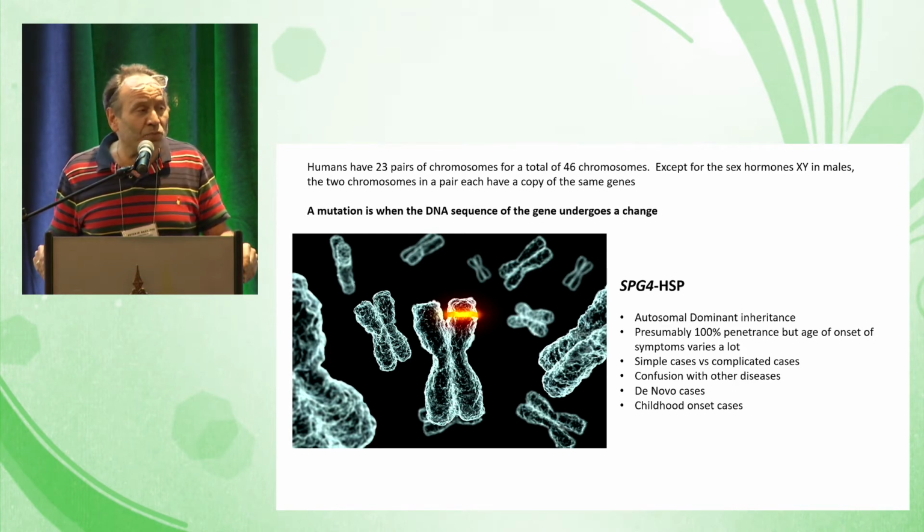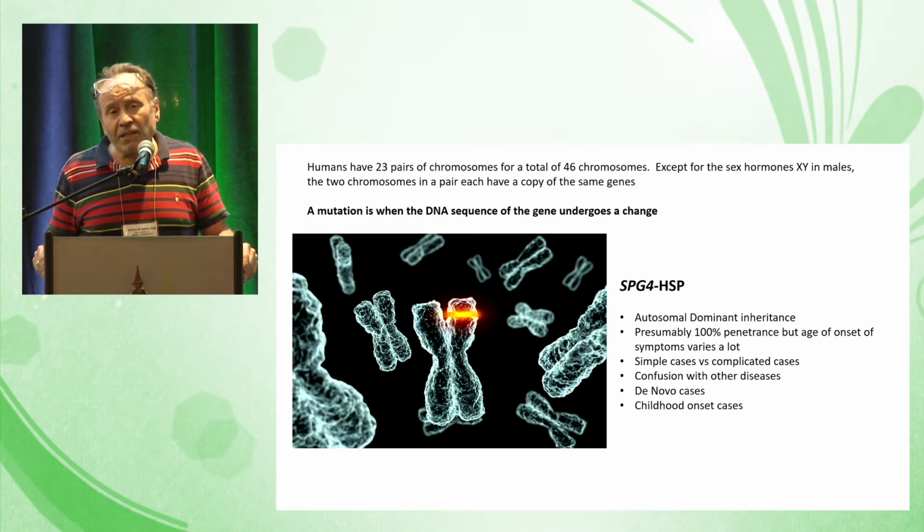Sometimes it randomly switches. And this happens all the time. And almost always, it's harmless. But every once in a while, one of these little mutations is not harmless. It causes disease. So when we talk about pathogenic mutations, that's what we're talking about.